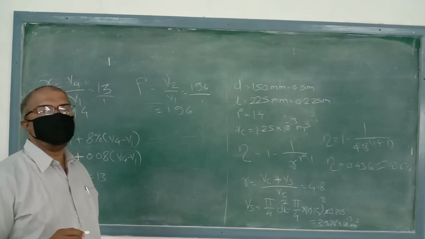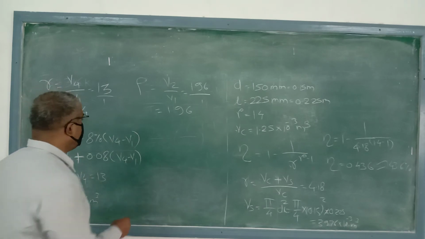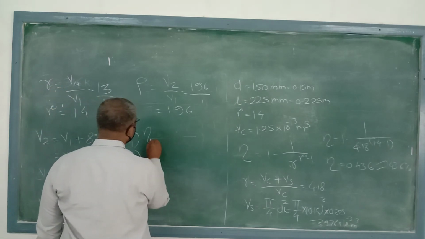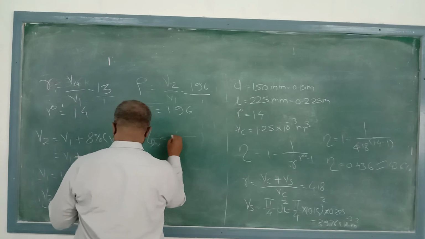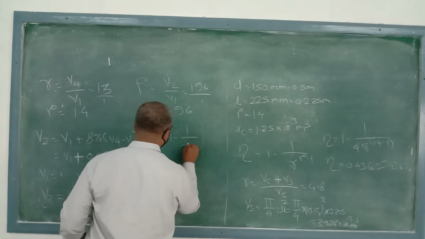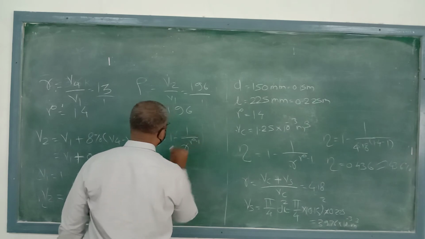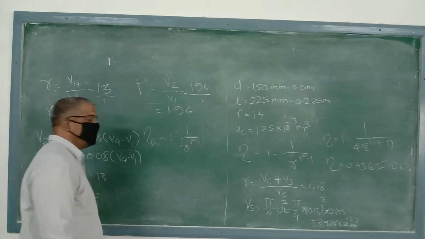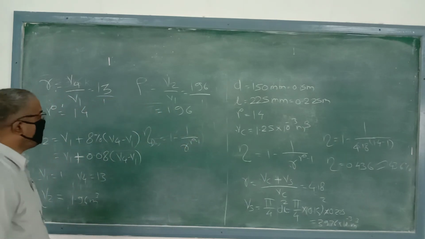They are asking us to find out the air standard efficiency of the diesel cycle, and we have the air standard efficiency of the diesel cycle: 1 minus 1 upon R raised to gamma minus 1, in terms of R and gamma.